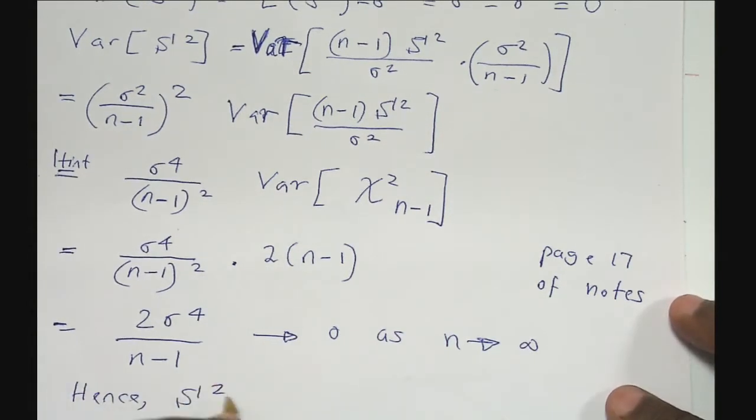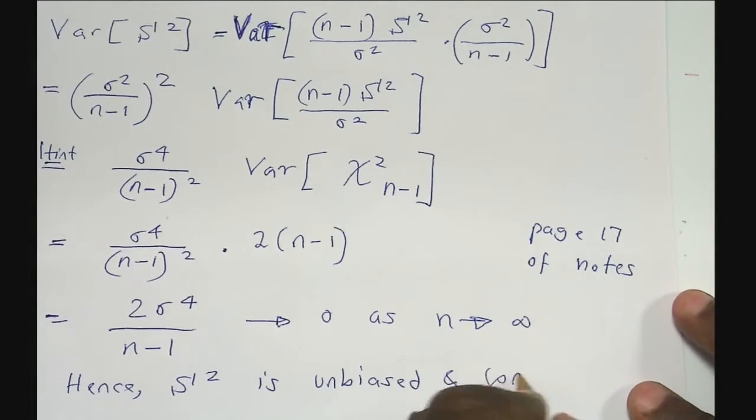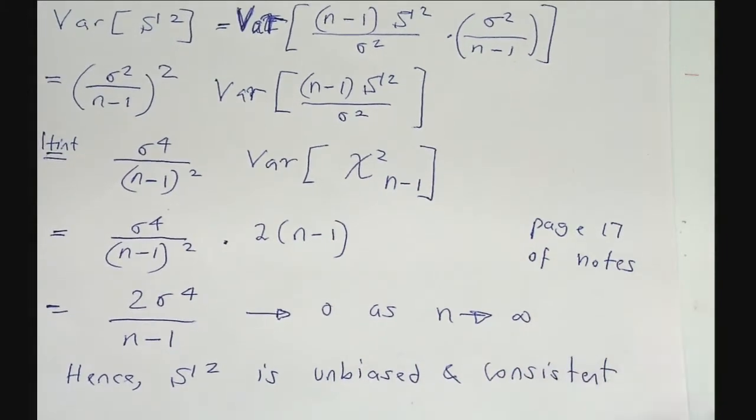S squared is unbiased. It's an unbiased estimator because the bias is 0, and it is a consistent estimator. Consistent because the MSE, which is the same as the variance, approaches 0 as n approaches infinity. Okay, guys. These are for you guys.